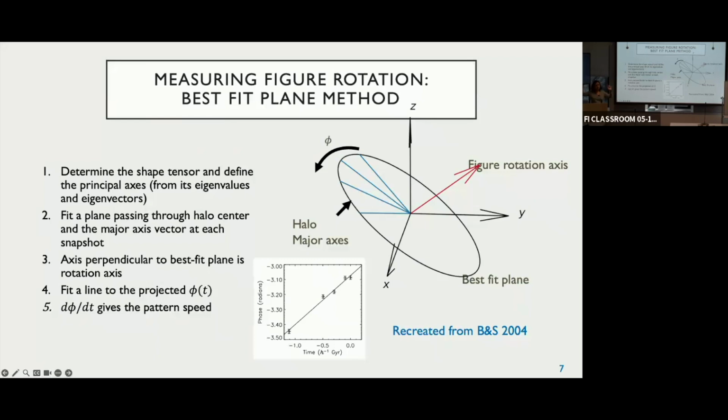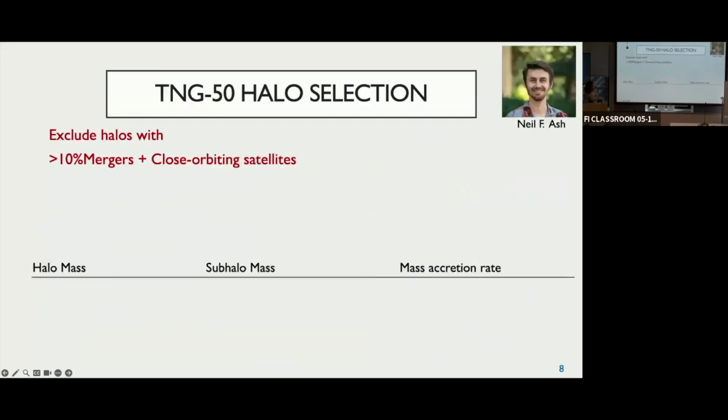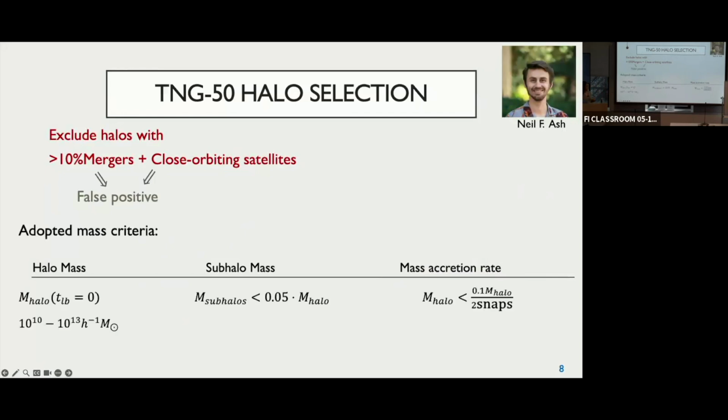So you need to remove any massive subhalos to be able to get the shape of the thing. He removed all halos with at least a 10% merger throughout the time scale, which was about 4 gigayears in these TNG simulations, to remove false positives. He picked halos in the range 10^12 to 10^13 solar masses, and assumed that there wasn't more than 10% mass accretion between any two snapshots.